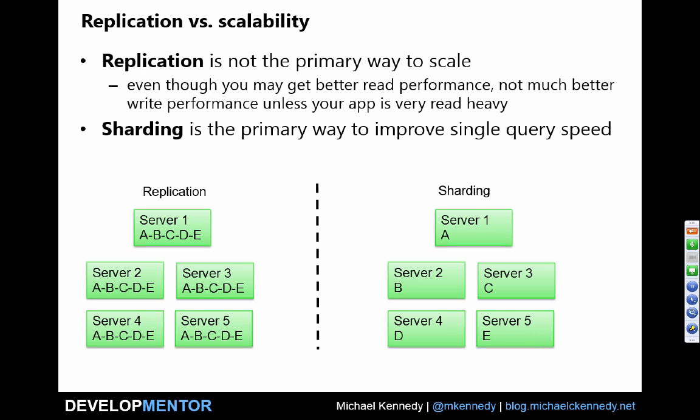It might isolate that query from other things happening in the app, so I don't take down the whole website by asking some really intense question. But it won't actually make it any faster, because any given query is only going to go to one of these servers. In the sharding sense, if you're going to ask that question, it could actually fan it out and run it in parallel and give you the answer quicker.